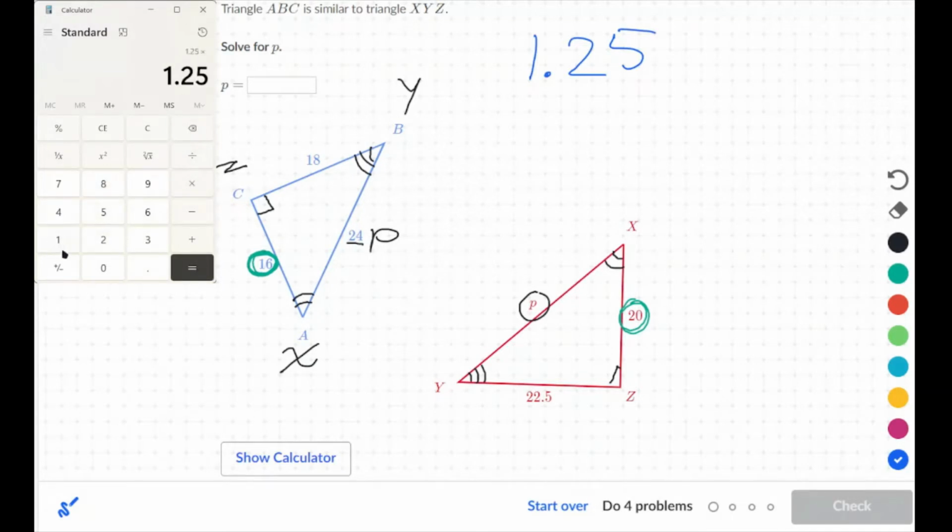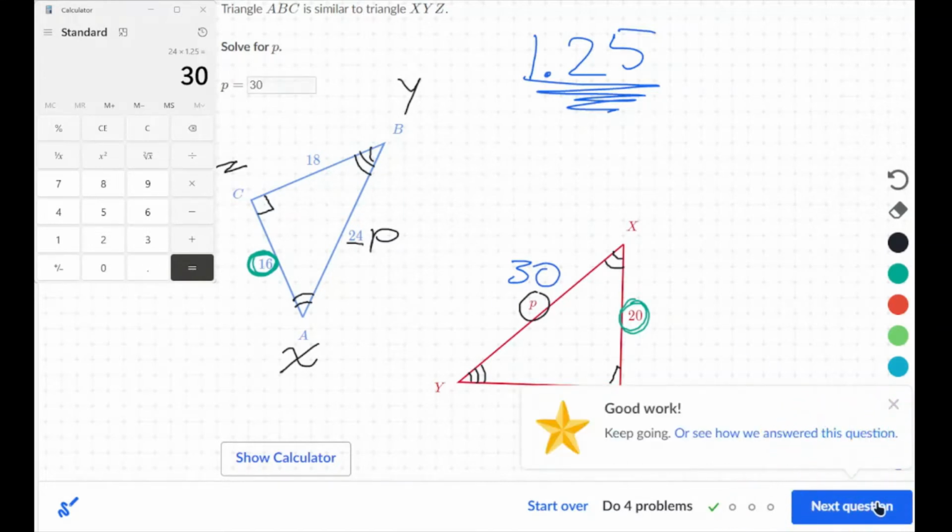And to check it, 1.25 times 18 equals 22.5. So yep, that is the right number. So all we have to do now is 24 times 1.25, which equals 30. So P equals 30. Alright, let's check. P equals 30. Alright, we got it right.